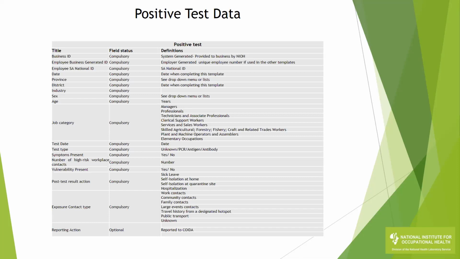We also collect SA national ID numbers or passport number. So on the positive test data, it's important that you have the correct ID number or passport number, because this is the type of information that is submitted to the Department of Labor for test compensation purposes.